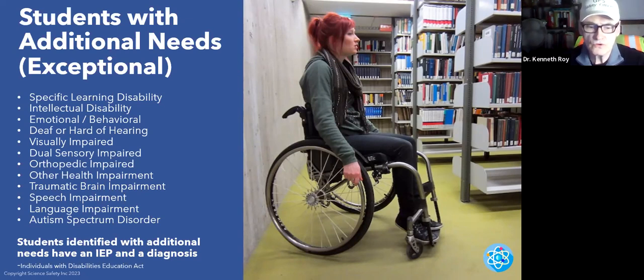I'm sure that many of you have noticed this. I am suspect as to why, but we'll leave that for another time. Students with identified additional needs have an IEP and a diagnosis, right? Hopefully, it's caught in time to help these kids be successful. That's not always the case, unfortunately, in some school districts.